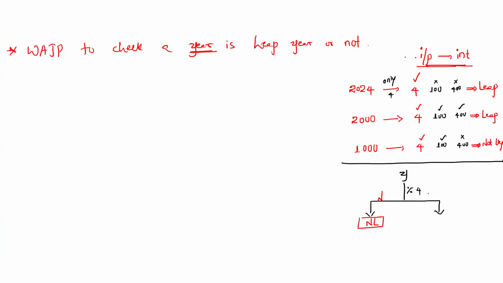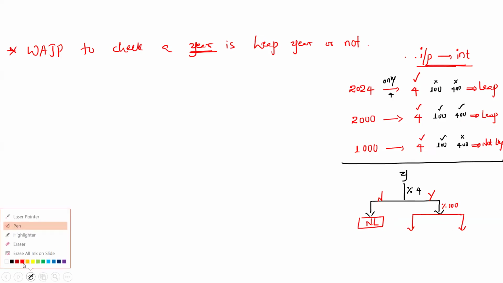But if it is yes, can we say it's a leap year? No, only 4 we cannot conclude because there are other numbers to be checked. So here 100 we have to check. How many possibilities again? 2 possibilities. Here is a tricky point.